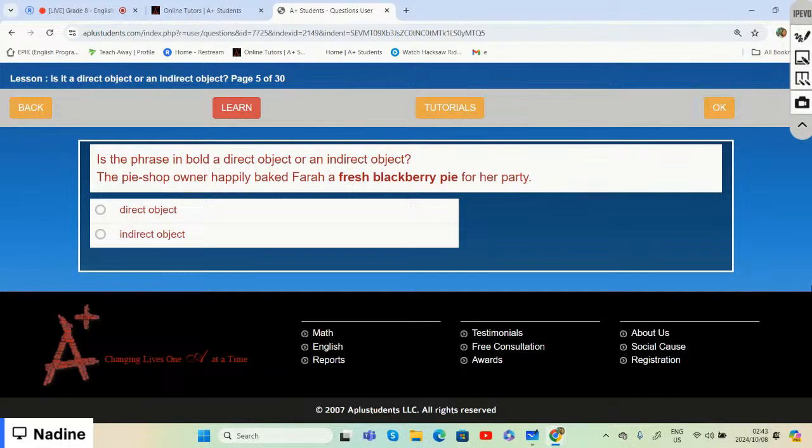We need to say if that is a direct object or an indirect object.